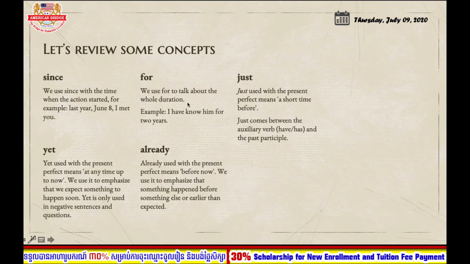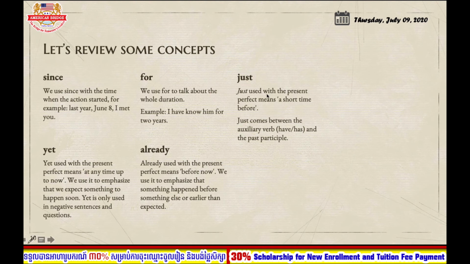However, for the word for, we use for to talk about the whole duration. For example, I have known him for 2 years. We do not focus on when or the starting point, but the whole duration is 2 years. The other adverb is the word just.